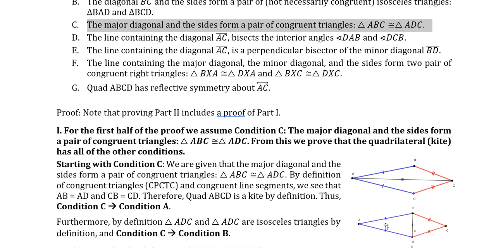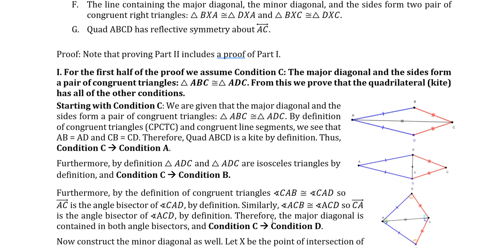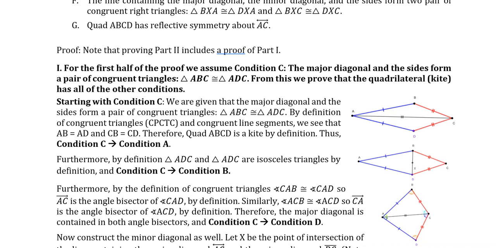Furthermore, once we have that, if we draw the minor diagonal, we see that these have to be isosceles triangles because we've got these sides congruent. So condition C is going to imply condition B as well. Now, if we go a little bit further, properties of congruent triangles tell us that we have congruent angles as well. So notice that we get a pair of congruent angles here at B and D. And then look at the major diagonal.